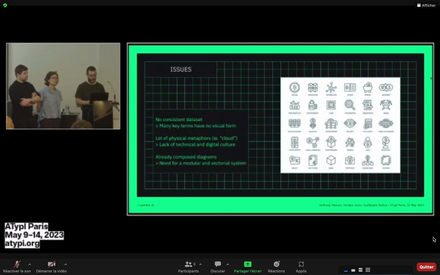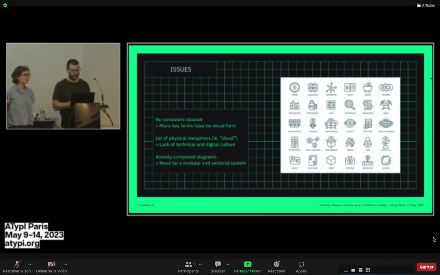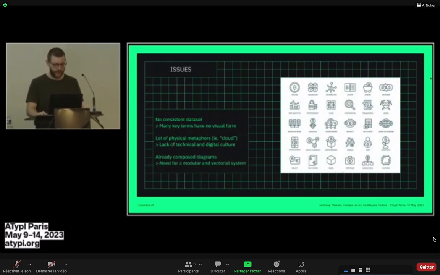Many key terms of blockchain have no shapes. Then there are a lot of physical metaphors, for example the cloud, which is basically a computer. So the consequence is a lack of technical and digital culture. And it's always already composed diagrams, so you cannot do your own.